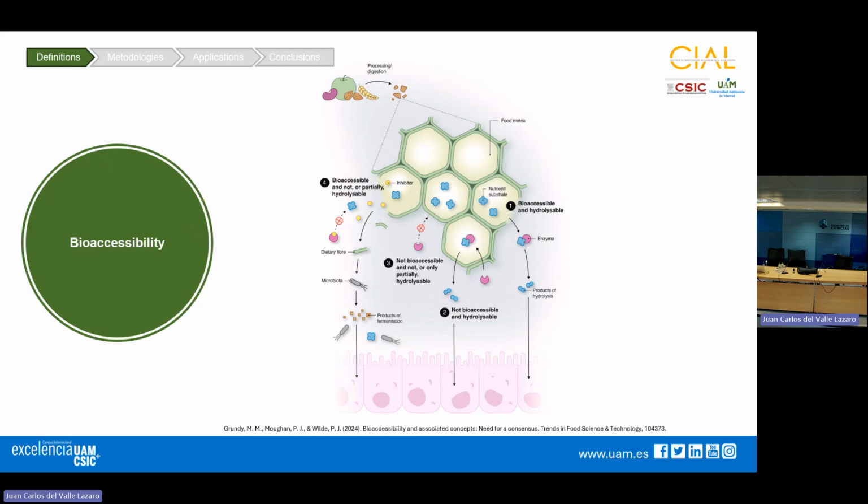Then we can have those that are not accessible and are hydrolyzed once enzymes enter and diffuse through the cell wall. We can have those that are not accessible and could be hydrolyzed as well, and those that are accessible are partially or not hydrolyzed. Their examples are peptides or anti-nutrients as well.